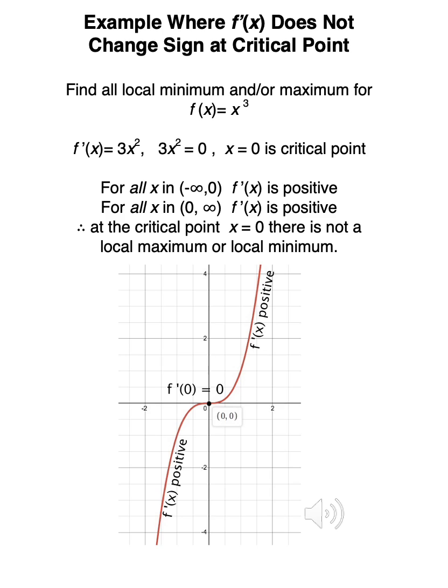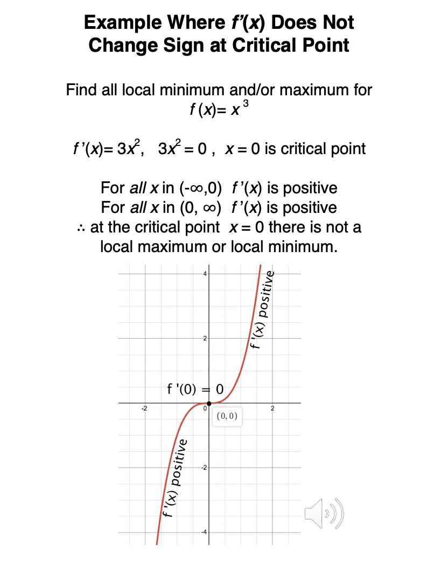Now, for all values less than 0, the first derivative is always going to be positive, because you're always doing 3 times squaring a negative number. It's always going to be positive. And for all values greater than 0, you're again always doing 3 times squaring a positive number, so the first derivative is always positive.